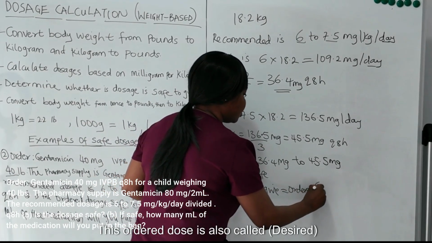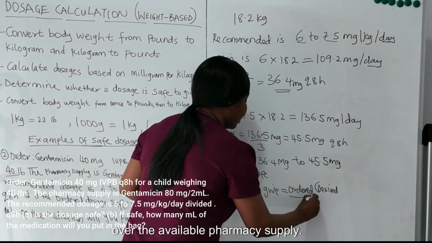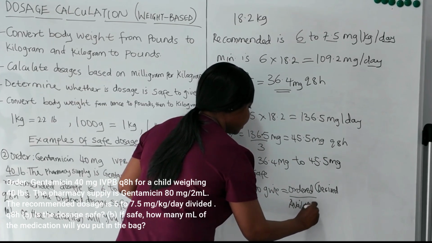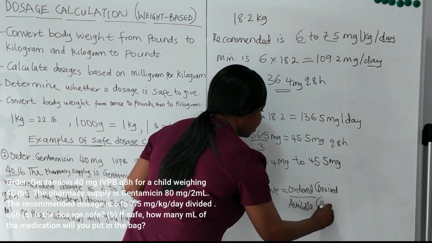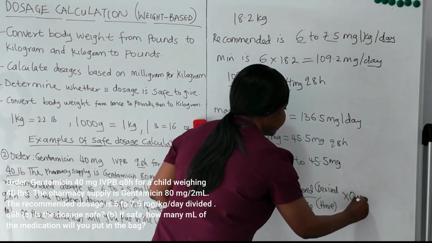This order dose is also called desired, over the available or pharmacy supply, which is also what we call have, what you have at hand, times the quantity.